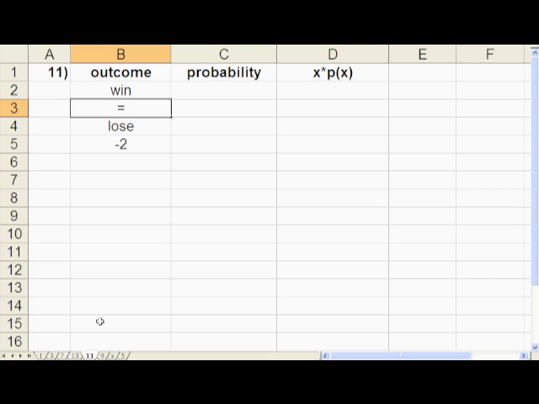And winning this game, although we get $4 back, 2 of those dollars were our own. So $4 back and 2 of those dollars put down to play the game leaves a net of $2. So let's emphasize that this is really a net value.